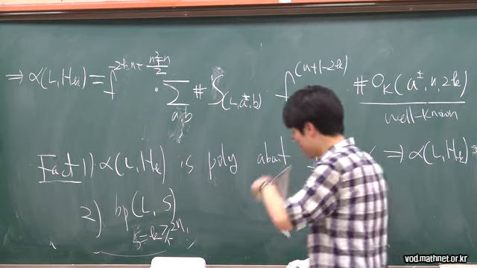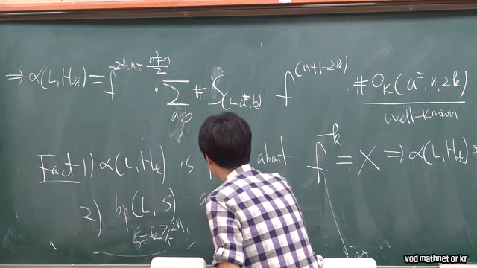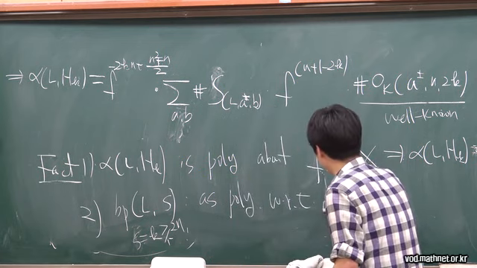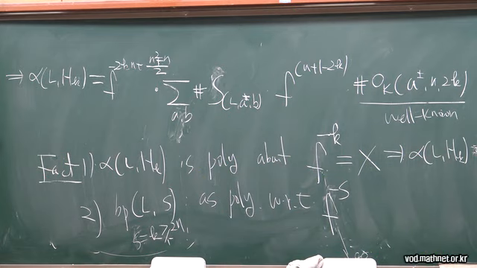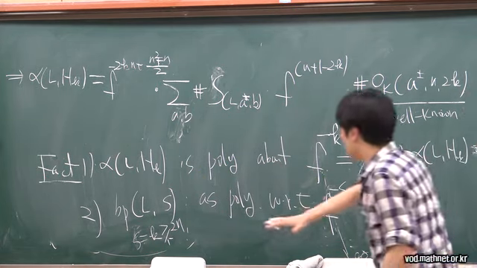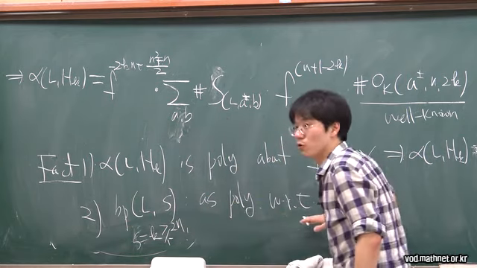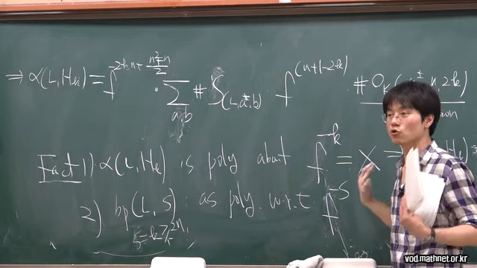So we can also write it as a polynomial in q to the negative s. So since this Siegel series is a polynomial, it is completely determined by its coefficients.